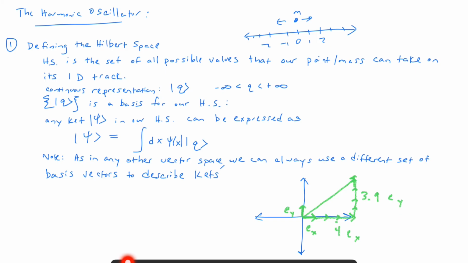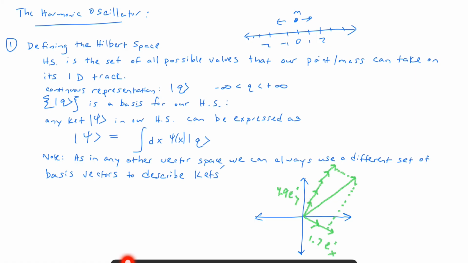And we could describe it that way, as you can add 4 E_Xs plus 3.9 E_Ys to get this vector in this very primitive, simple 2D vector space. But of course, you can also change your basis vectors to something different, E prime X and E prime Y. And if you did that, you would get a different linear combination of these basis vectors. So the same vector can be described with multiple different basis vectors. And of course, the same thing applies to the Hilbert space of quantum mechanics. We can use a position basis, or we can use any other basis we want.